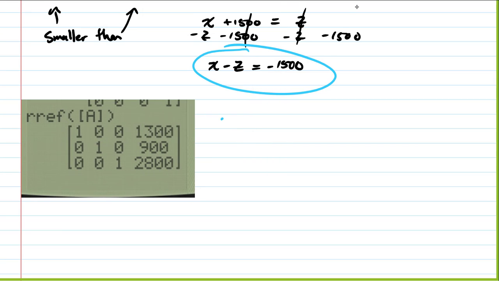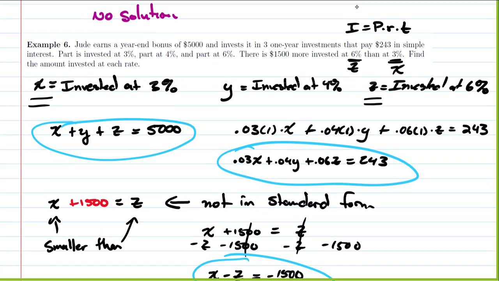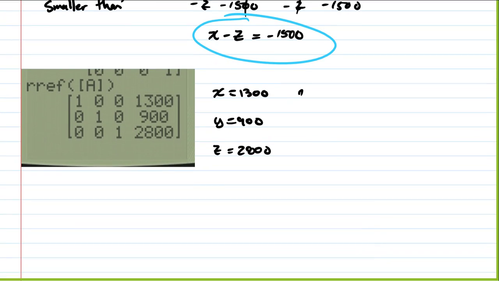We get x equals 1,300, y equals 900, and z equals 2,800. So this is at 3, 4, and 6% respectively, right?